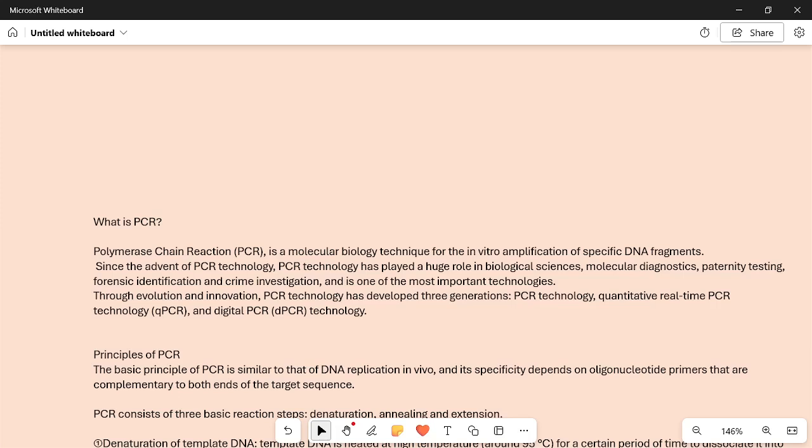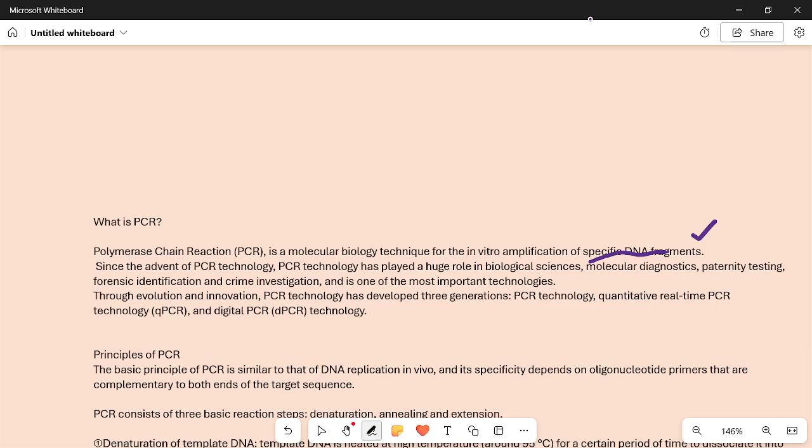So let me give the definition. What is PCR? PCR, or polymerase chain reaction, is a molecular biology technique for the in vitro amplification of specific DNA fragments, that is the targets.